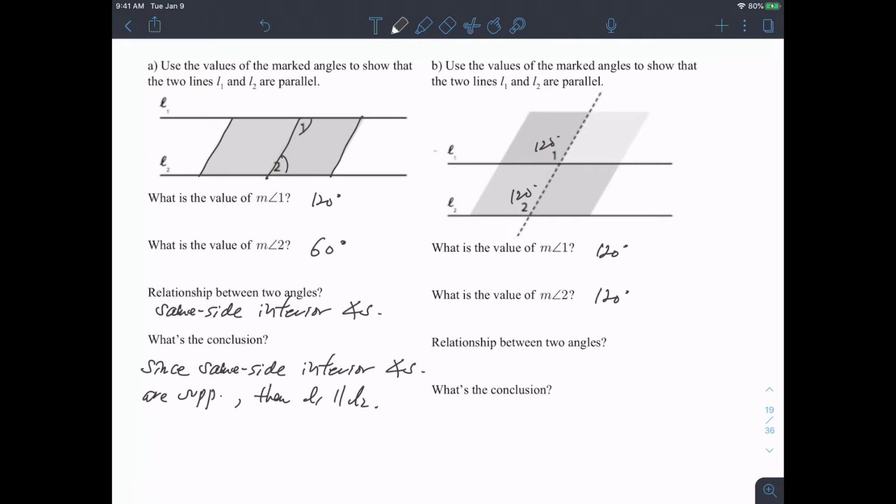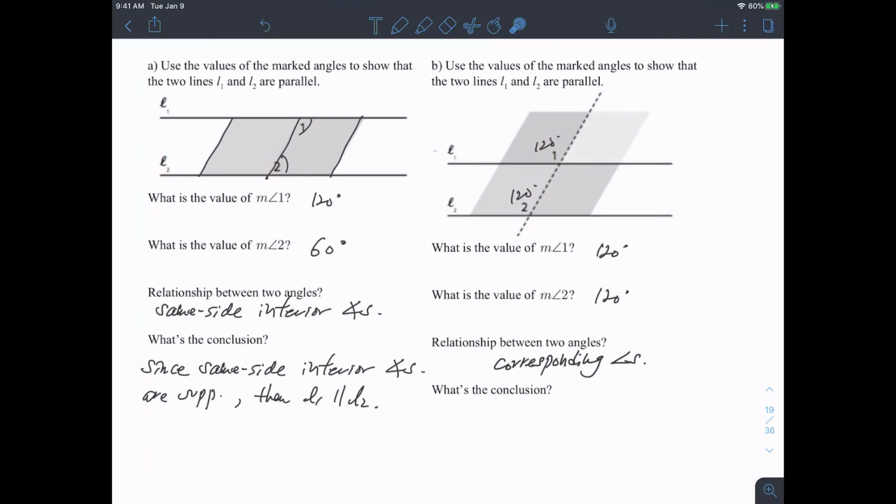Well, they're corresponding angles, right? Because in the intersection, the 1 represents the upper left, right? These are upper, these are lower, these two are left, these two are right. So that's upper left, and over here, that's upper left.